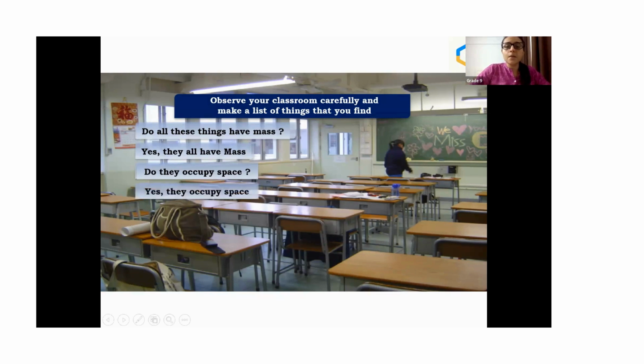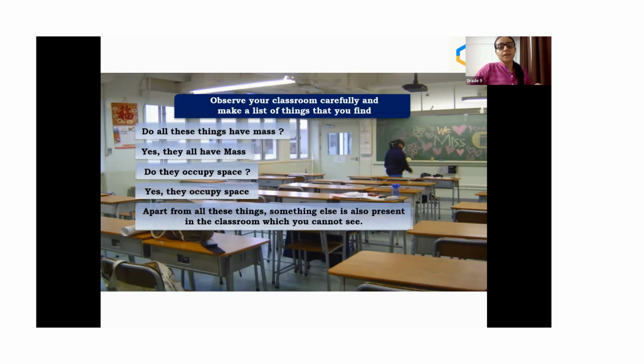They occupy space. Apart from all these things, something else is also present in the classroom which you cannot see. Is there something else present which you cannot see? Anybody want to guess? Okay, gas. Air, yes.